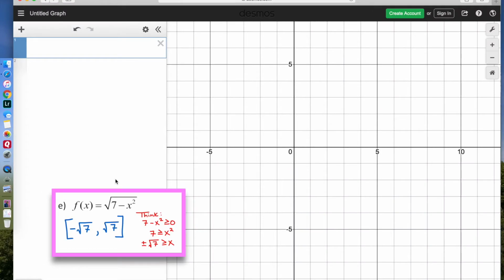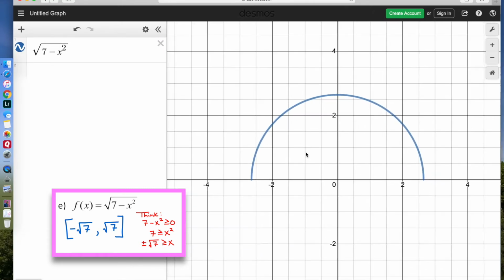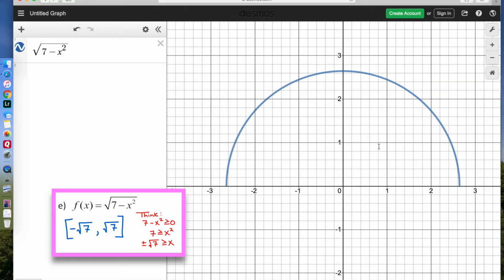In number 3E, it's a different version of a graph that has a square root. So let's type in the SQRT, and then you have 7 minus x squared. And in this case, that x squared inside of the radical in this equation tends to give you this semicircle situation here. And so I can see that the graph goes from some x value over here to some x value over here, and there are actual points there.